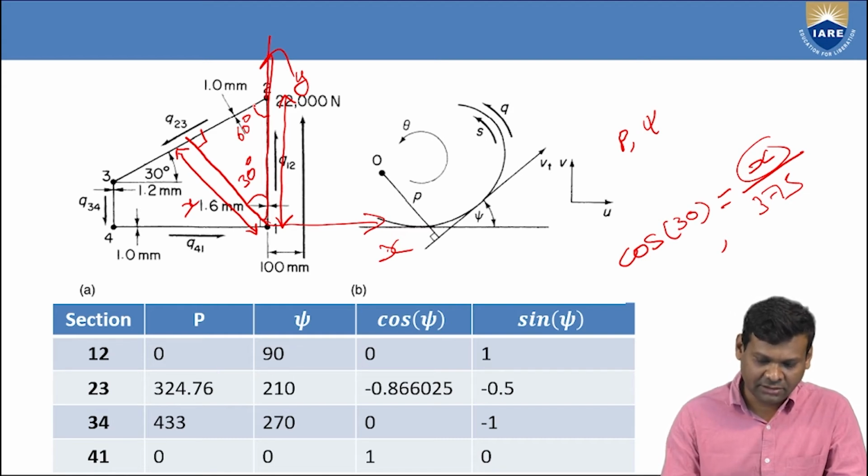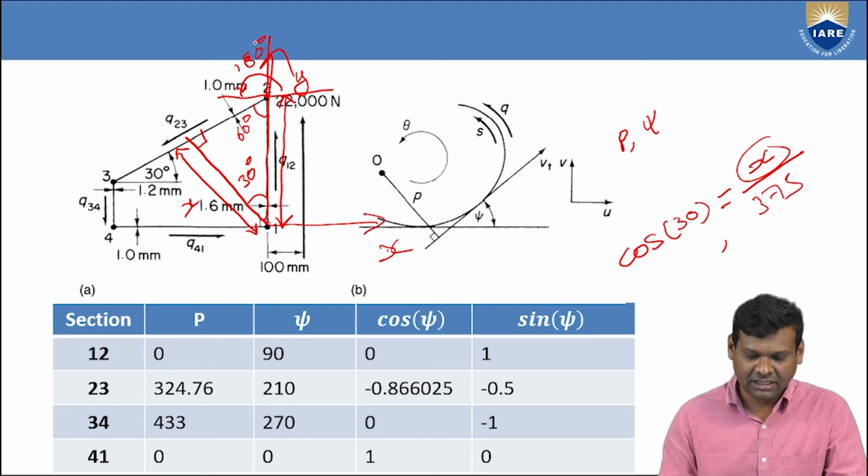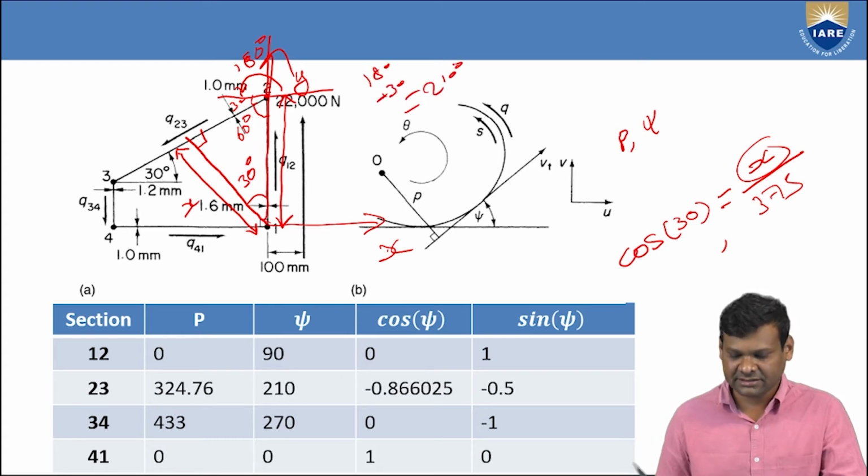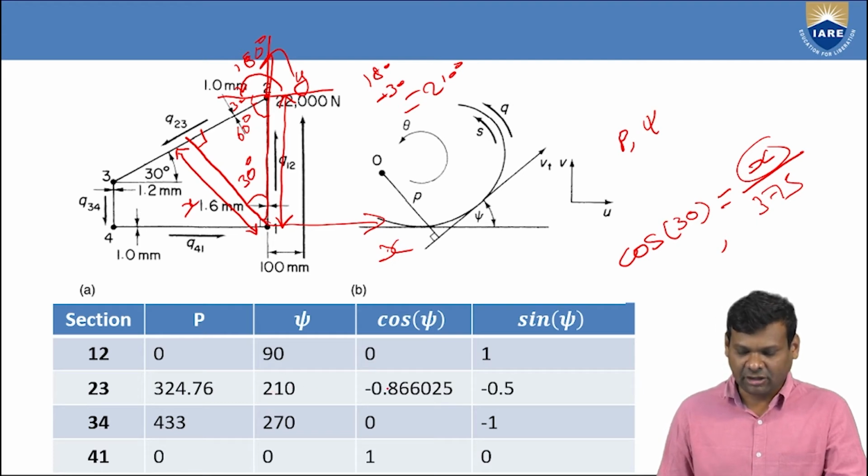Let us calculate the angle associated with q23. Just draw a perpendicular line; this is 180 degrees, and this is 30 degrees. 180 plus 30 is simply 210 degrees. So phi is 210 degrees, cos phi is minus 0.866 and sin phi is minus 0.5.